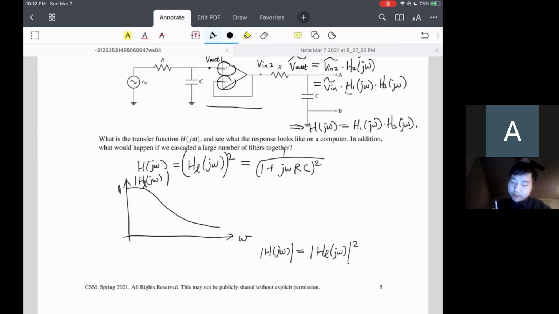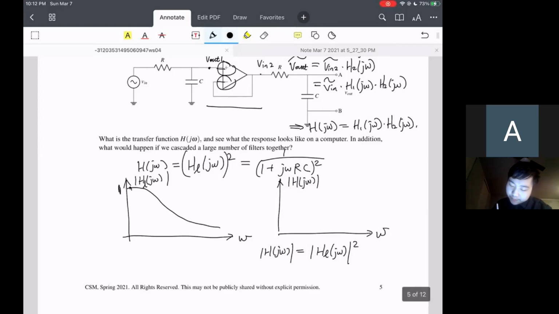Okay, so at each frequency, we're just taking the value at that point from the first diagram, squaring it, and plotting it on a second diagram. And since each of these points is either 1 or less than 1, when we square it, it's going to be lower than what we had previously, right?